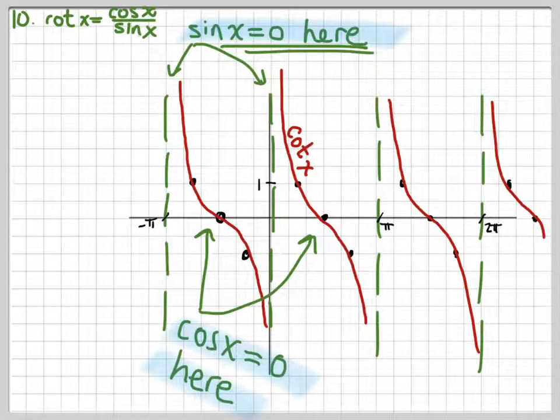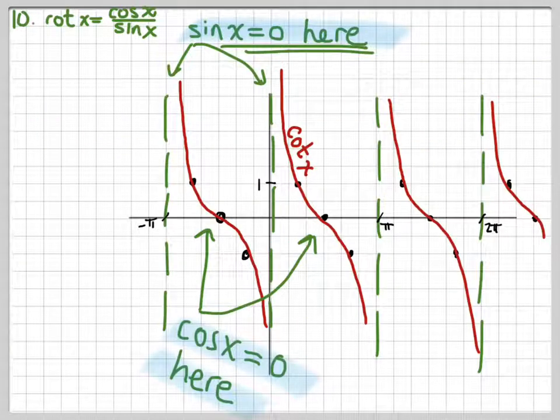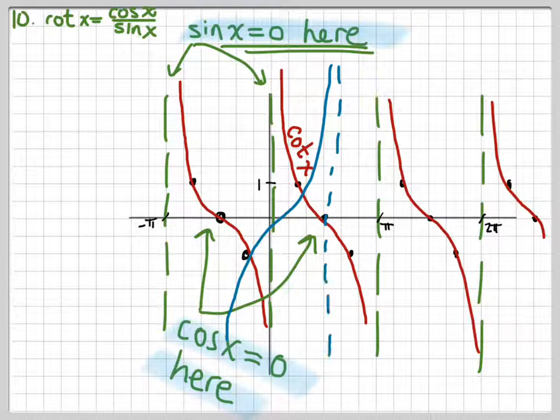Here instead, the asymptotes start at 0, and instead of going up and to the right... if I take one of the lines for tangent, it looks like that. And so if we flip it and then move it to the left, you get the graph for cotangent here in red.